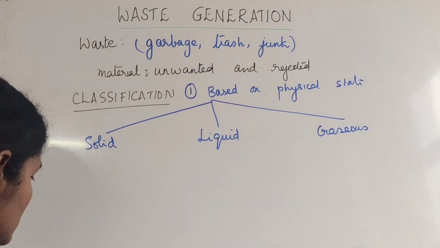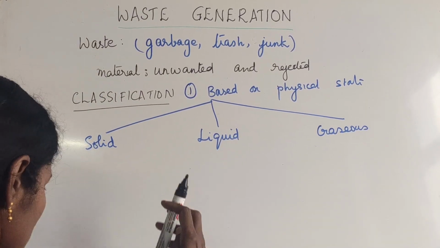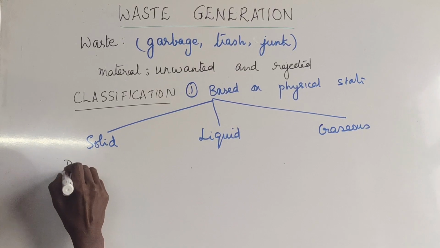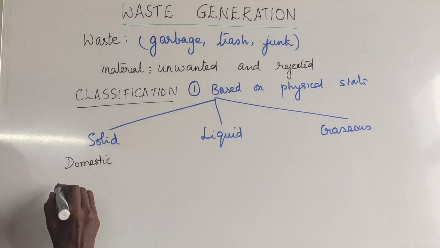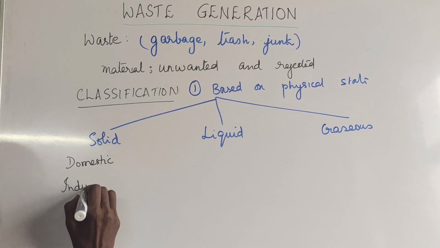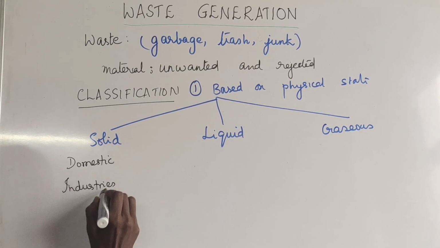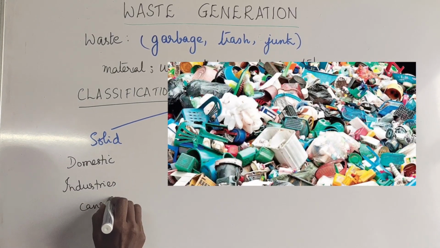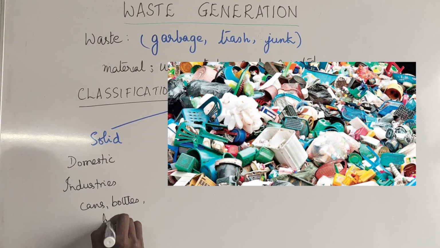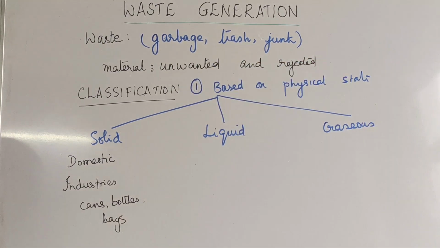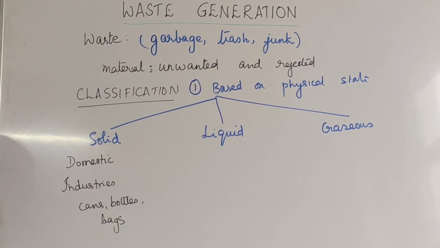So what are the types of solid waste that we come across in the domestic, that is homes, as well as in industries? We have cans, bottles, bags. All these come under solid waste.